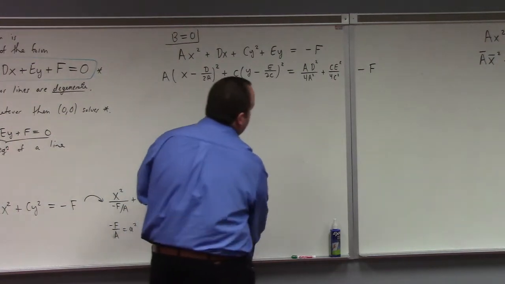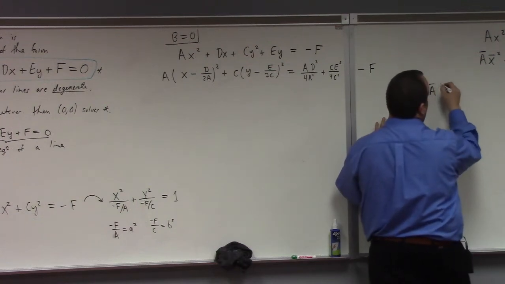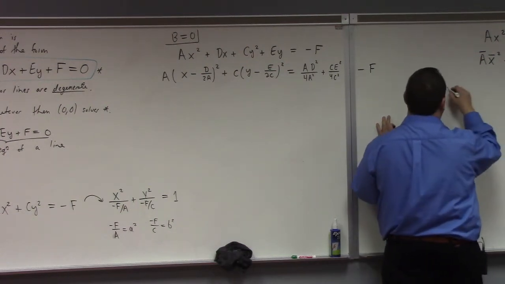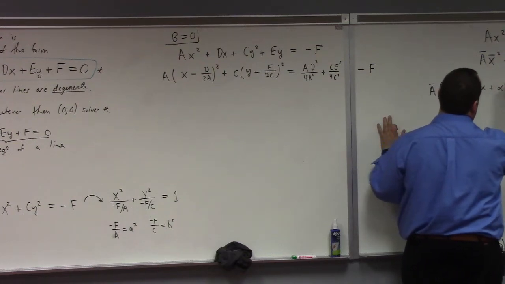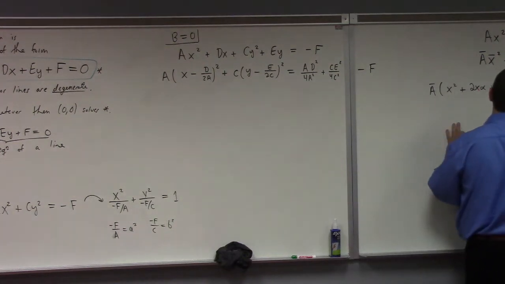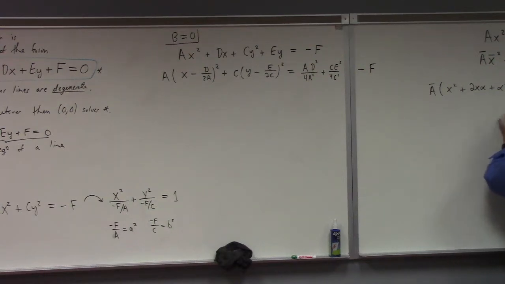So we'd have a bar. What's x bar squared? It's x squared plus 2x alpha plus alpha squared, right? Plus c bar times y squared plus 2y beta plus beta squared, equals f bar, right? But there's something else.